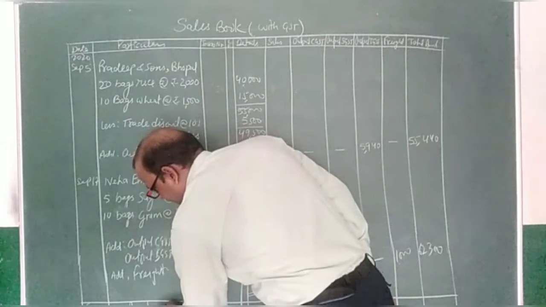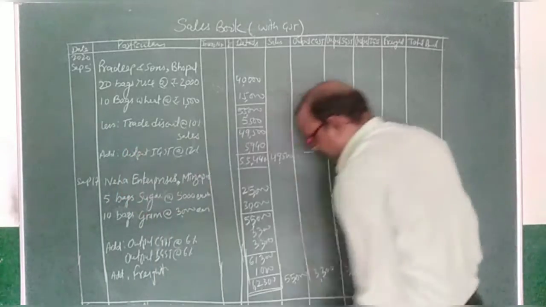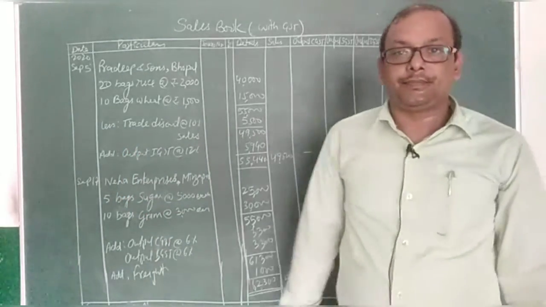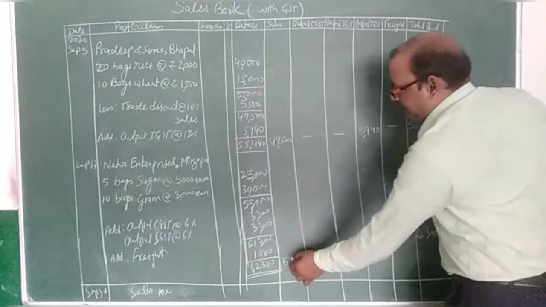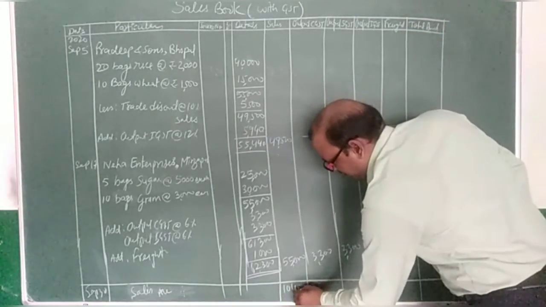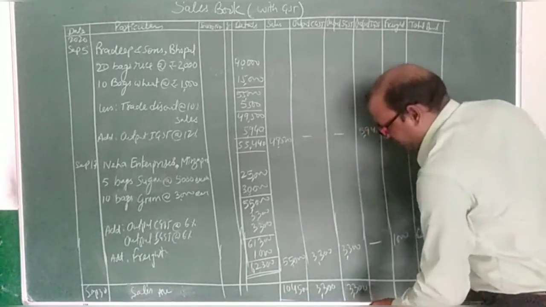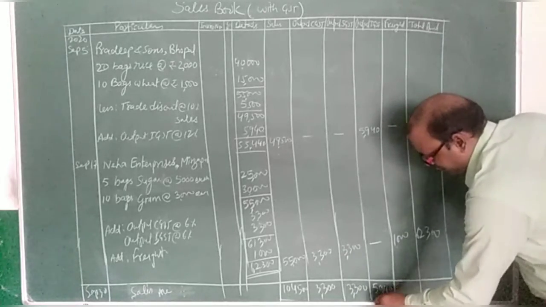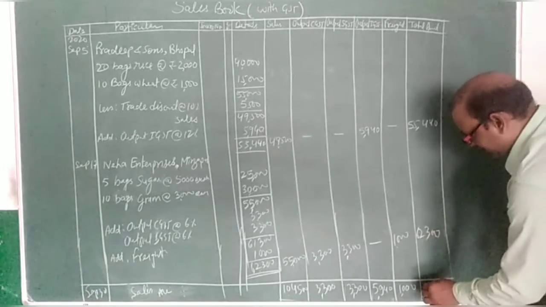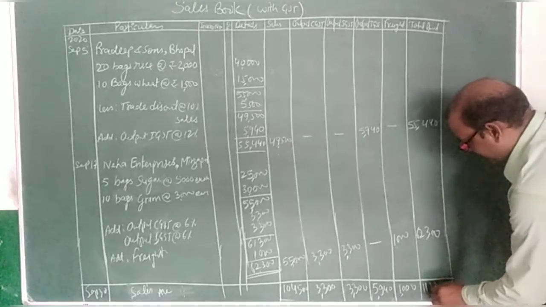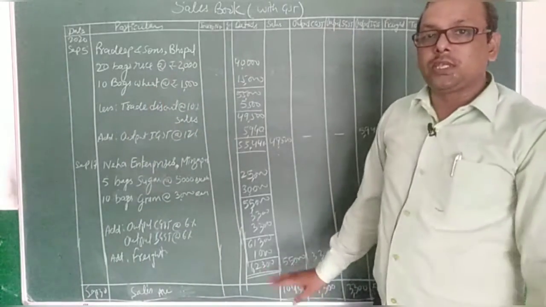In particular, it will be sales book, sales account, and after that, total 1,04,500, and it's 3,300 output CGST, 3,300 output SGST, 5,940 IGST, 1,000 freight, and 1,17,740 in total amount. This is the way to close the sales book.